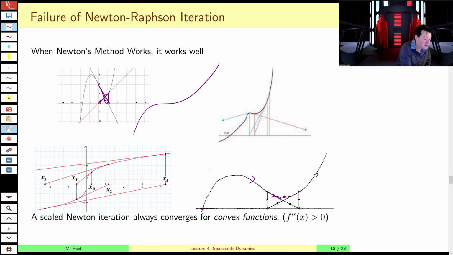Here's another example of what can go badly wrong. So here's our root that we're looking for. Again, not a monotone function. This one is bad in a different way, in that the function is quite high at this point, but the slope is very low at this point. So when you're finding the root, it sends you very far in one direction or another.